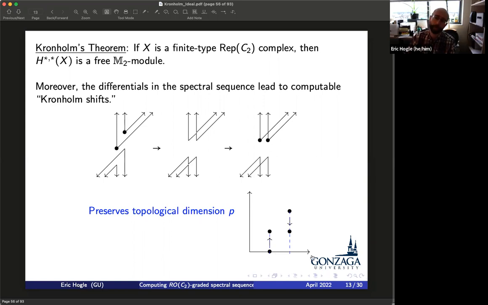But it also preserves what's called the fixed set dimension. P minus Q measures, in any one of these representation spheres, the fixed smaller dimensional sphere, the things that aren't moving. And that's not changing. If this guy leaves this orange diagonal, this one comes and takes his place.